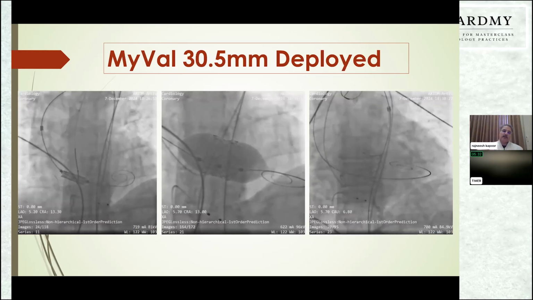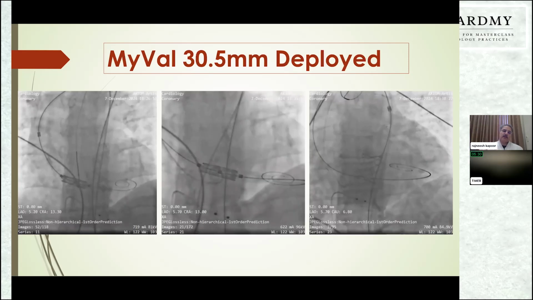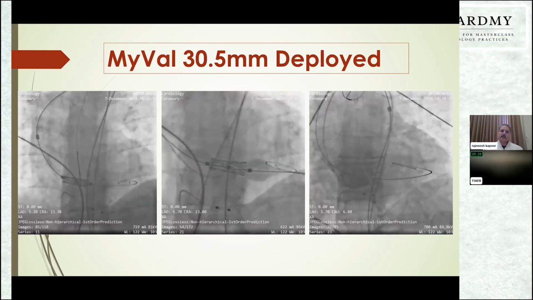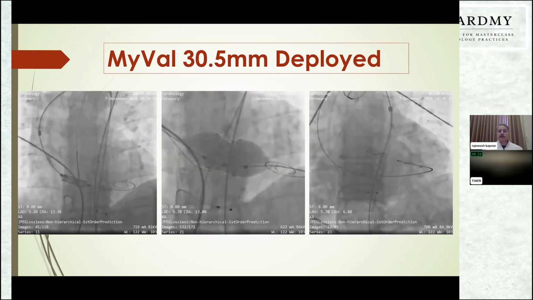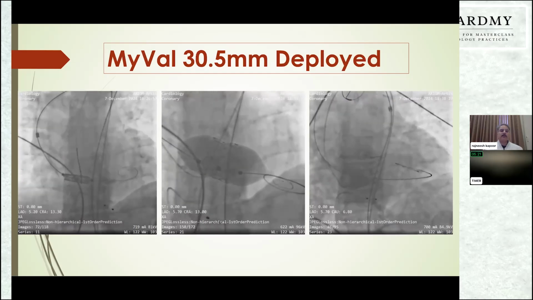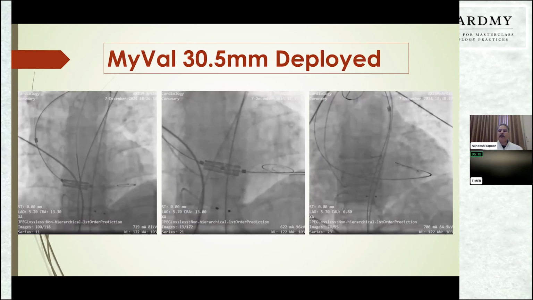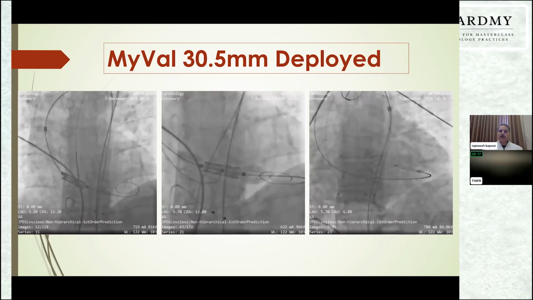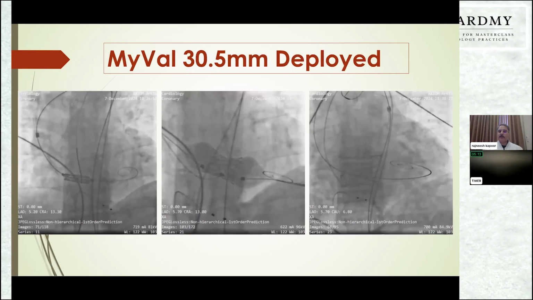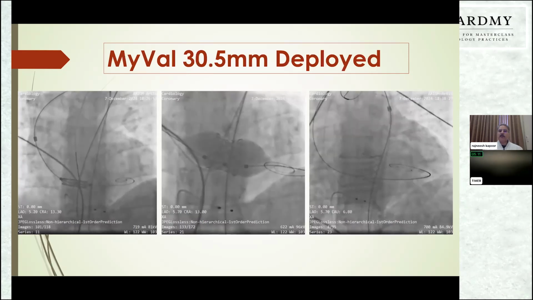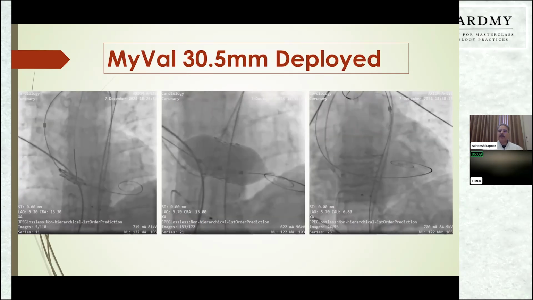So another associate of mine is lifting the whole hardware where the valve is through the snare, and then it enters. It makes it much easier. And once it enters, you take back the snare, it remains in the ascending aorta, and then you dilate this valve, and then everything sets in place.